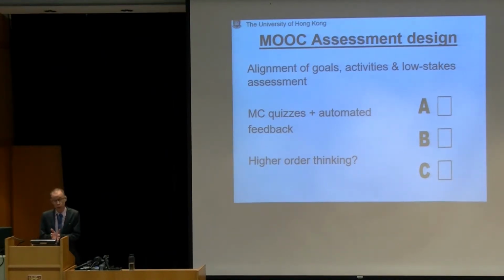Traditionally in a MOOC you have quite a lot of low-stakes assessment quizzes, automated answers. You're not getting a lot of human feedback, but you're getting some feedback on whether your chosen answers are correct. But in that kind of scenario, is there a lot of higher order thinking going on? Is there a lot of complex learning in doing the quizzes and getting the answers? Possibly not.